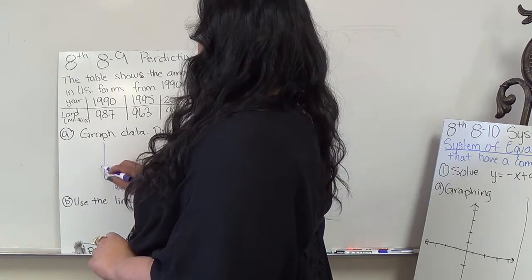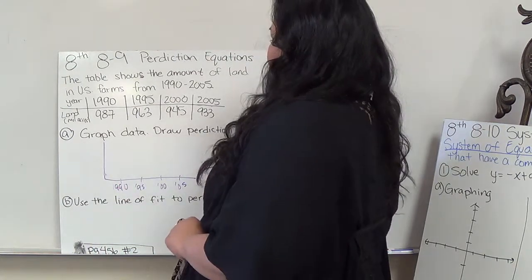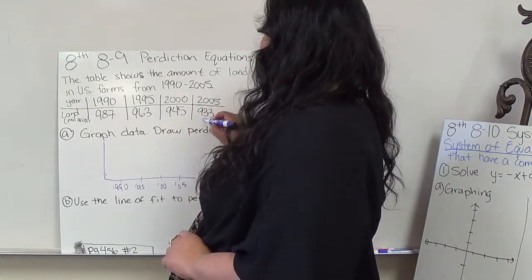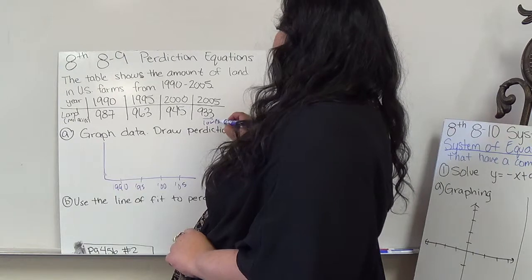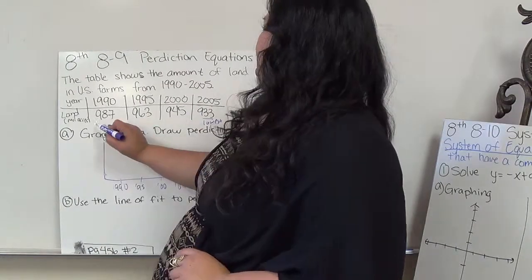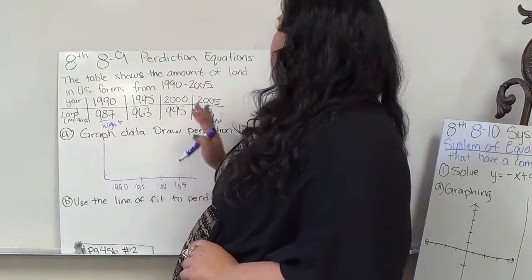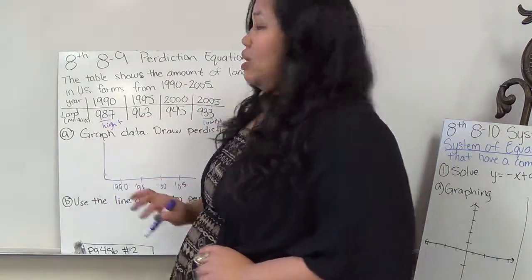And I'm going to go maybe by our lowest. I'm going to find my lowest number, which is 933, and then 987 is my highest. So I have to find a number that fits between lowest and highest.